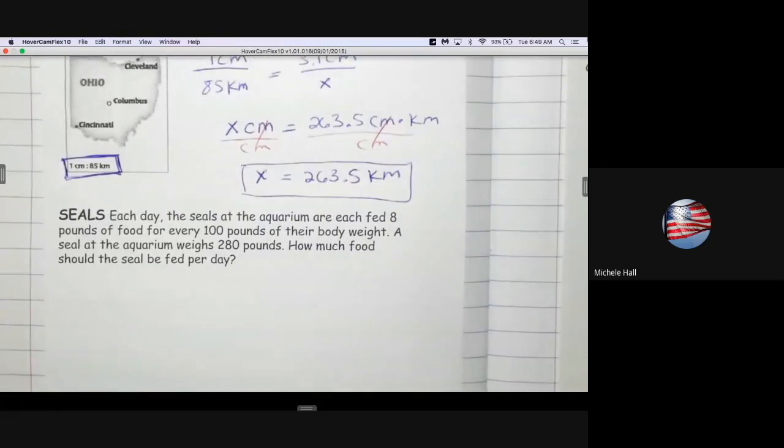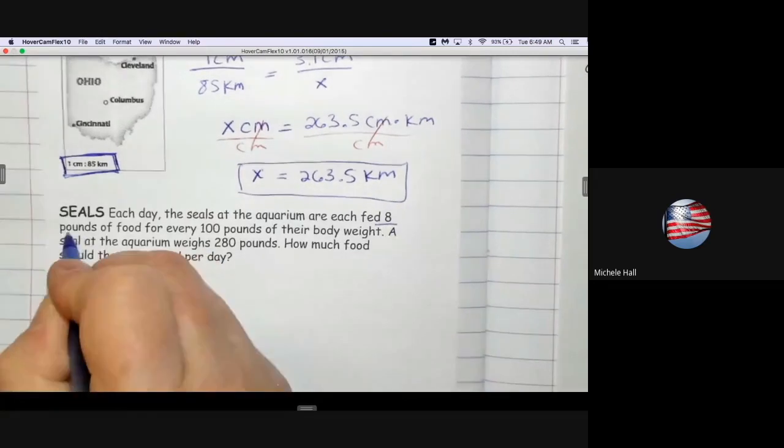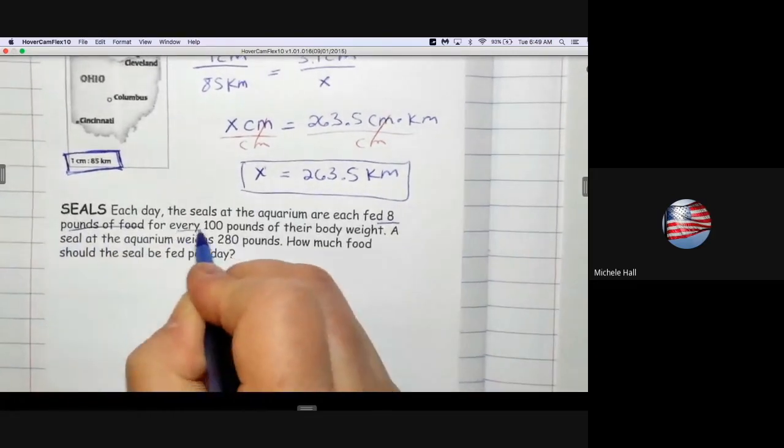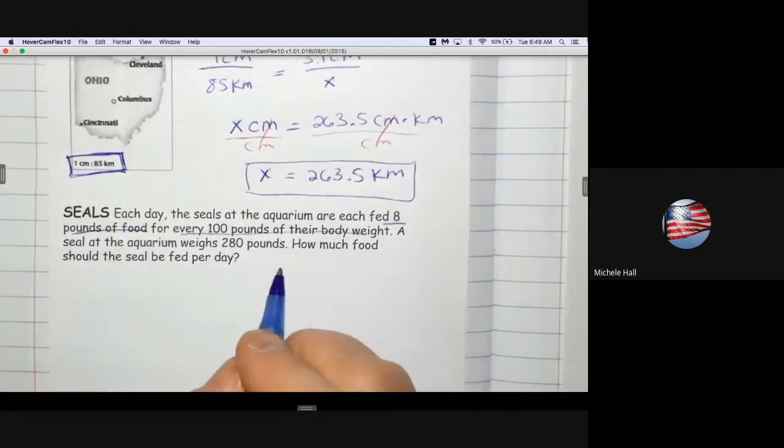Each day, the seals at the aquarium are each fed 8 pounds of food for every 100 pounds of their body weight. So there's a ratio right there, 8 pounds of food for every 100 pounds of their body weight.